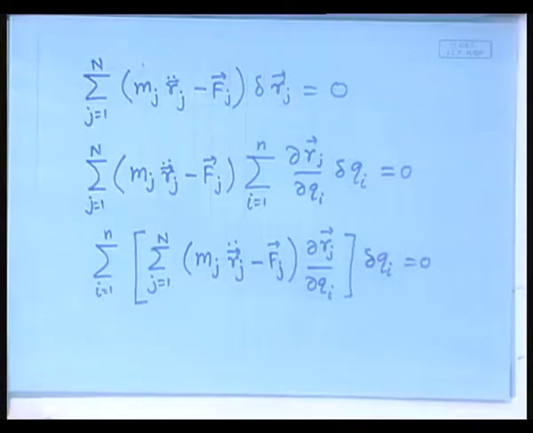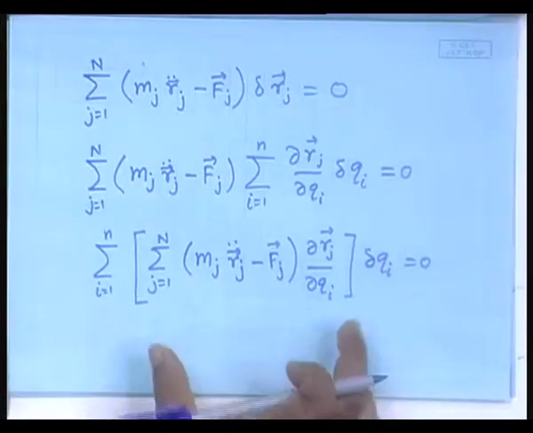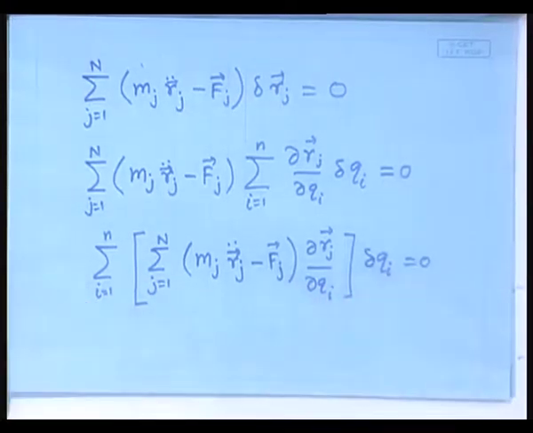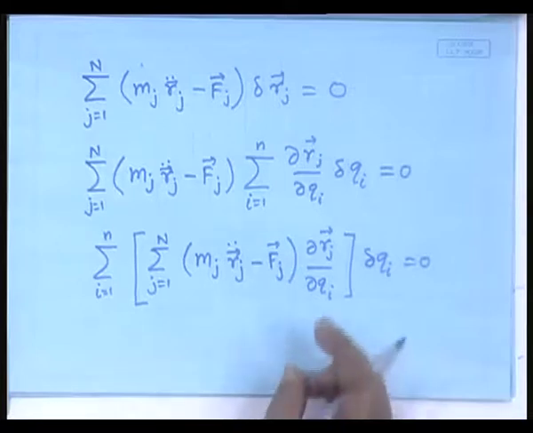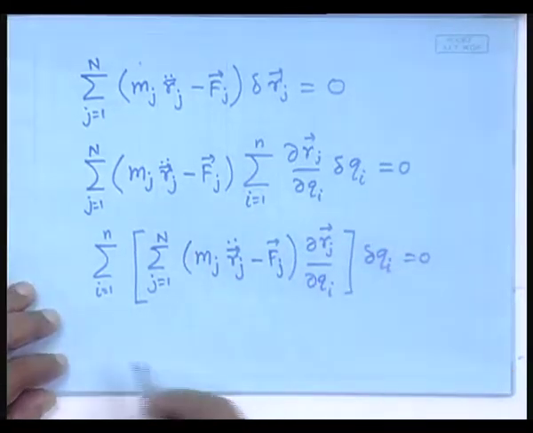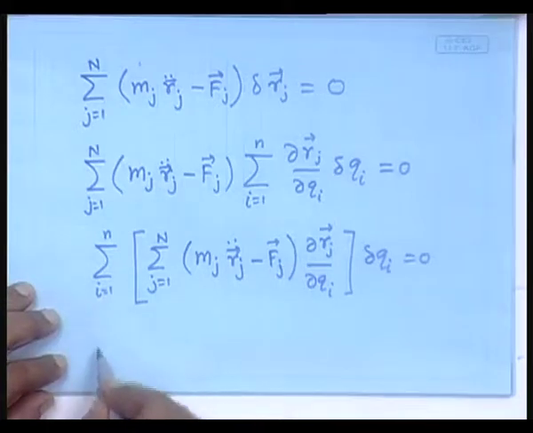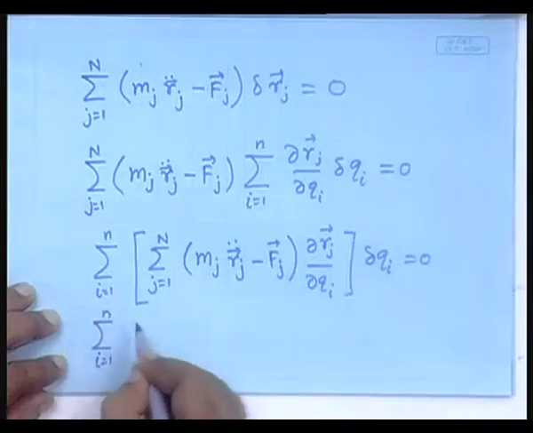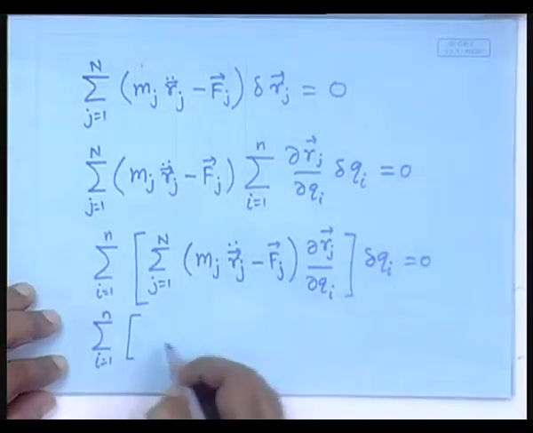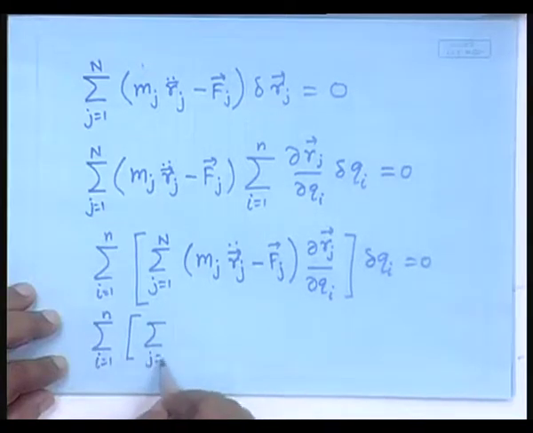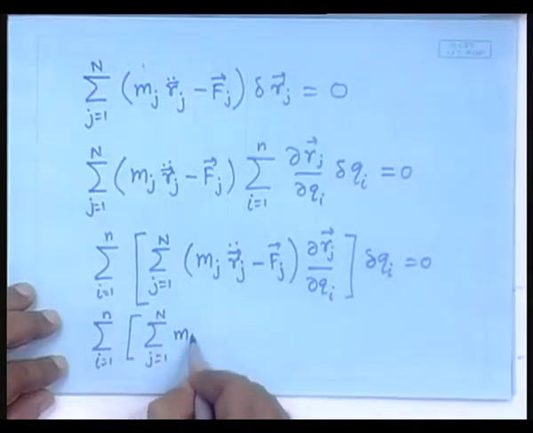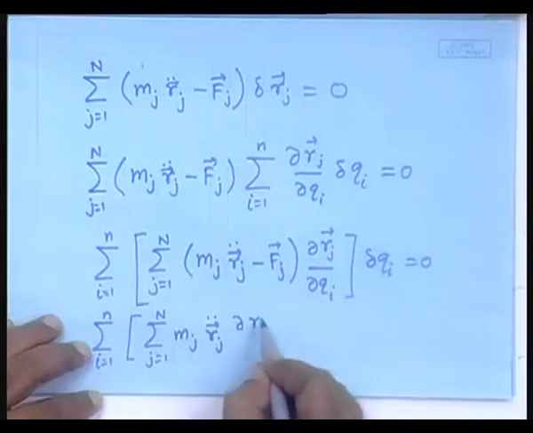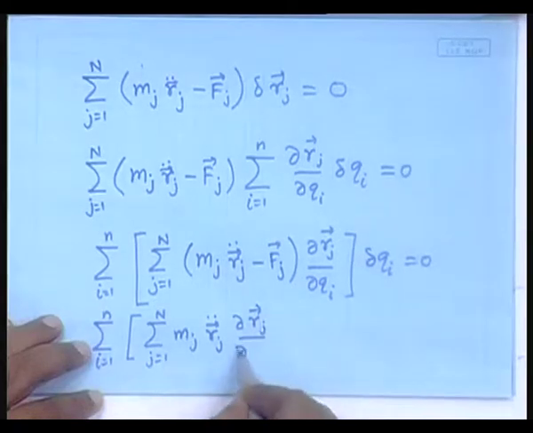So, this term is summed over j, and after that it is summed over i. Let us put this term inside. So, what do we have? Is this part visible? Yes. Sum over i from 1 to n. Let us put this inside. You have the sum over j from 1 to n of m j r vector double dot j times the derivative of r j with respect to q i.